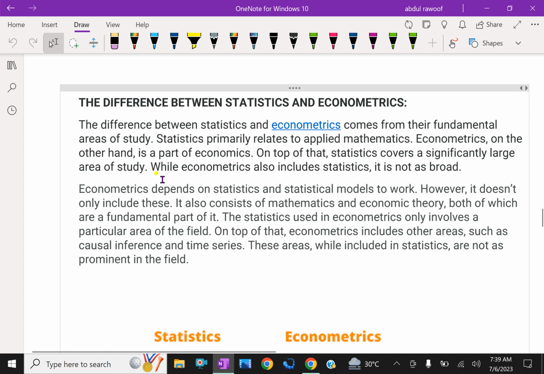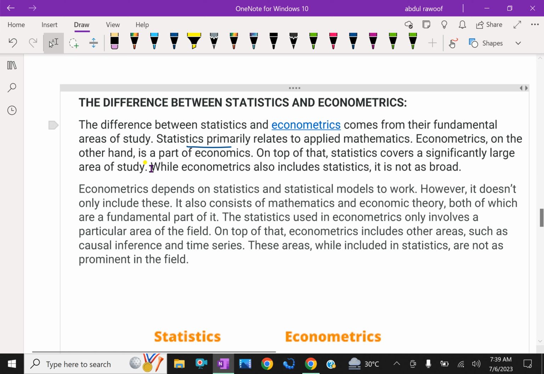Now we'll discuss the difference between statistics and econometrics. The difference between statistics and econometrics comes from their fundamental areas of study. Statistics primarily relates to applied mathematics.